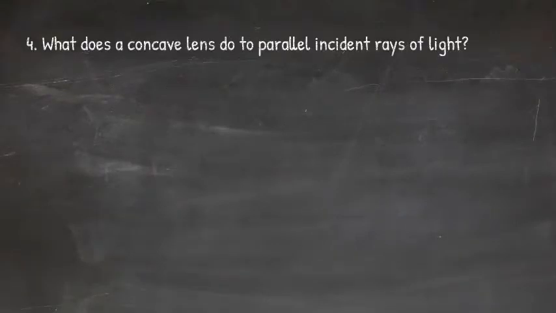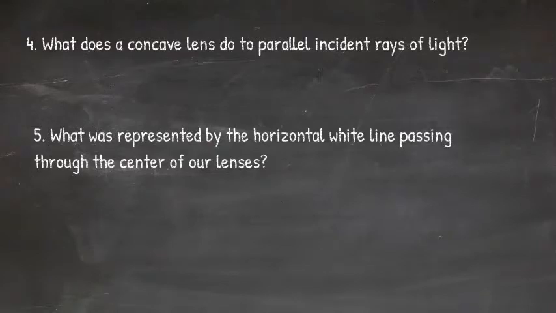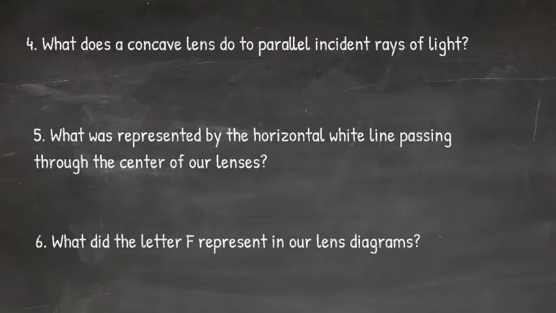What does a concave lens do to parallel incident rays of light? What was represented by the horizontal white line passing through the centre of our lenses? What did the letter F represent in our lens diagrams?